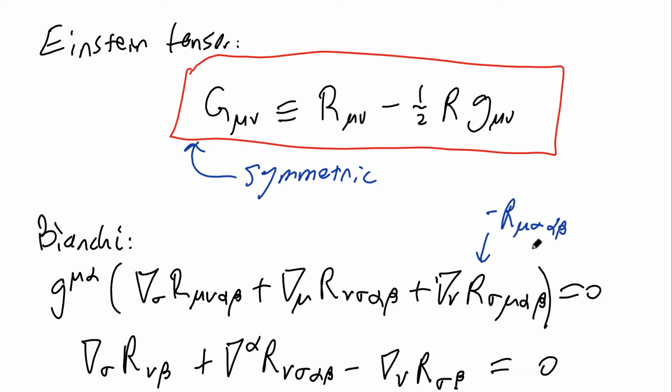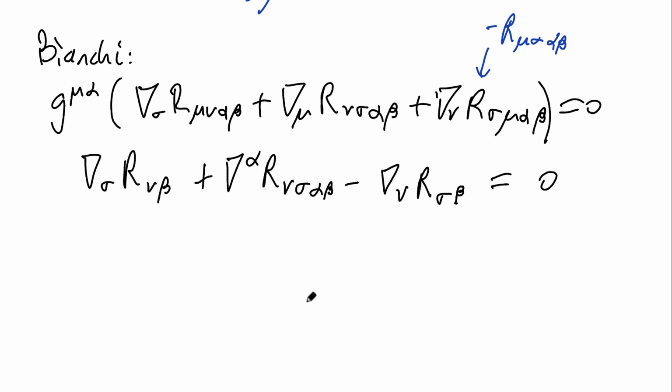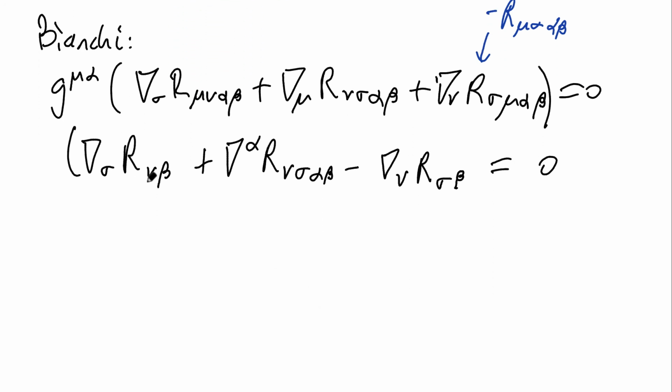All of that is equal to 0. Now let's contract again on ν and β, so we'll multiply all of this by g^{νβ}. Passing the g inside the covariant derivative, that just converts this Ricci tensor into a curvature scalar, R. This term is contracting on ν and β.